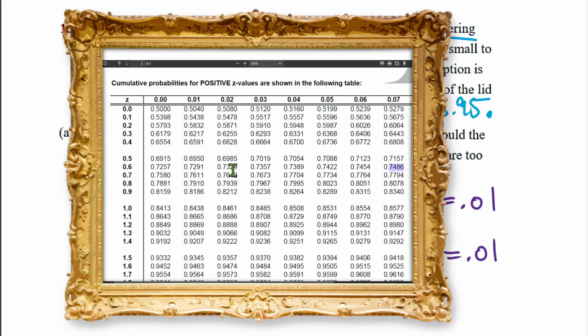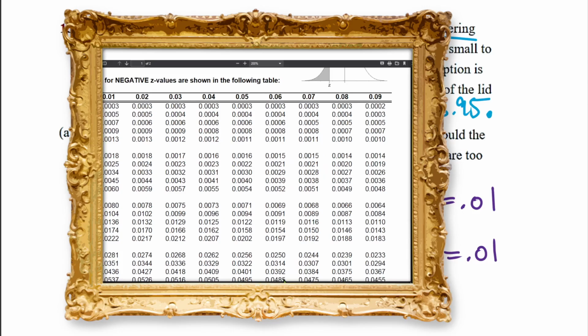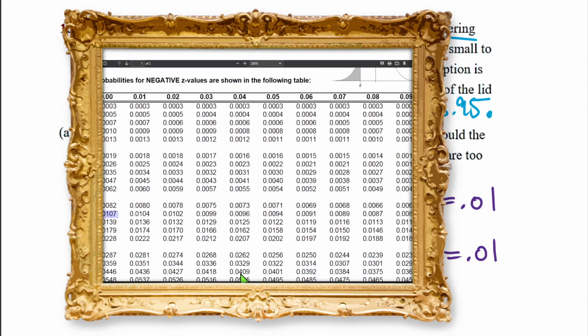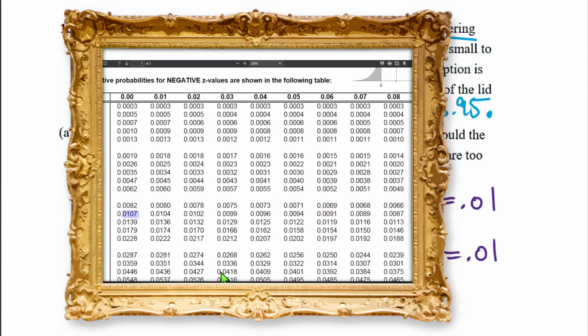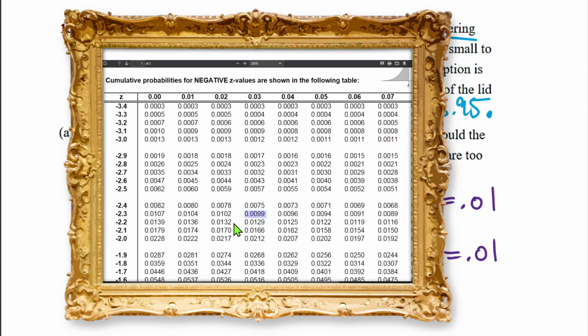So 1% would be way in the negative z-scores. Oh wait, here, silly me. There's the best one, which is negative 2.33.